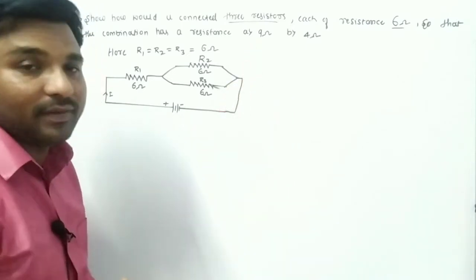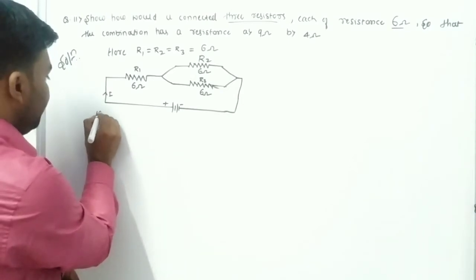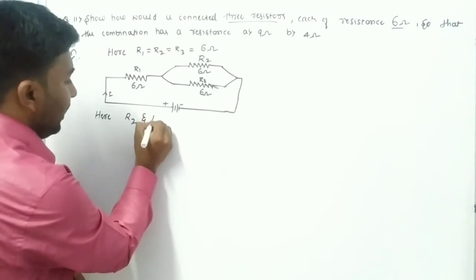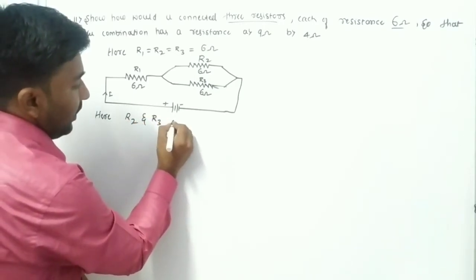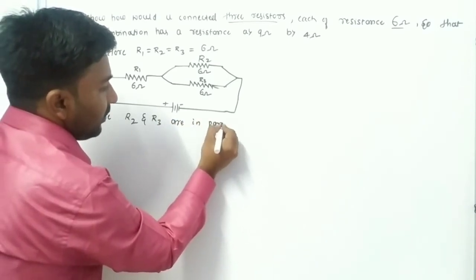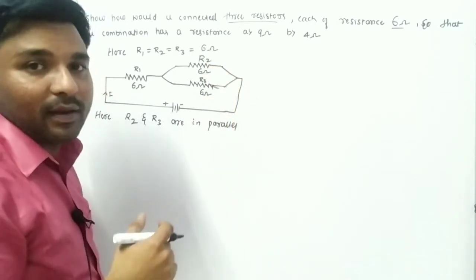Now here, R2 and R3 are in parallel, right? R2 and R3 are in parallel.